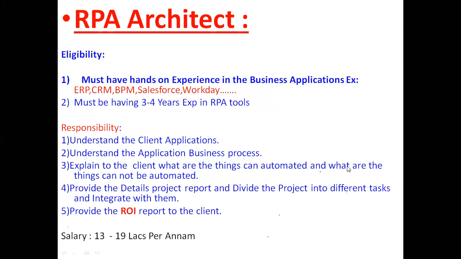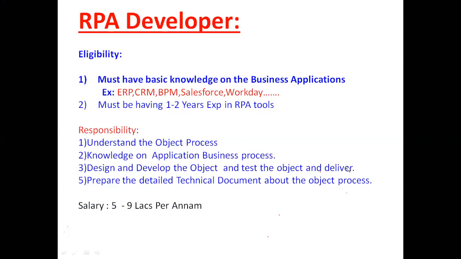If you are new to the industry, or have 2 to 4 years of experience in IT, or are just trying to enter the IT market, then this is the job we are going to aim for: RPA developer, robotic process automation developer.